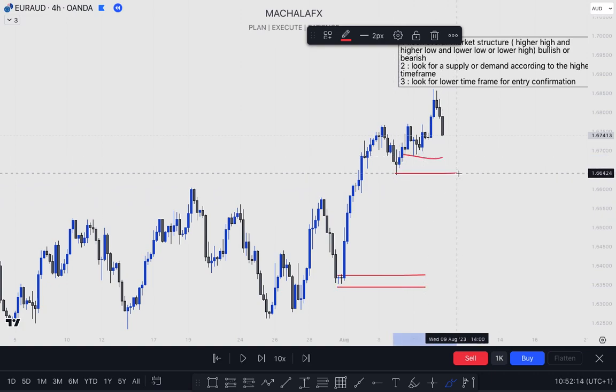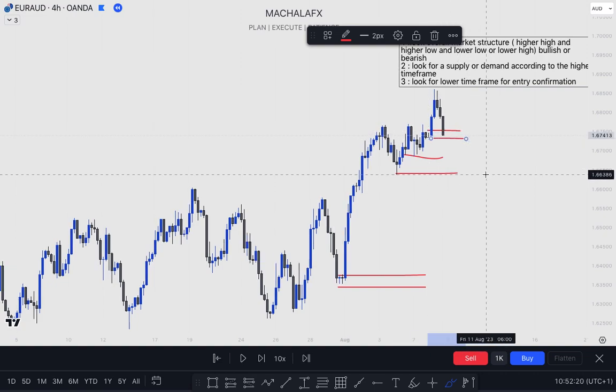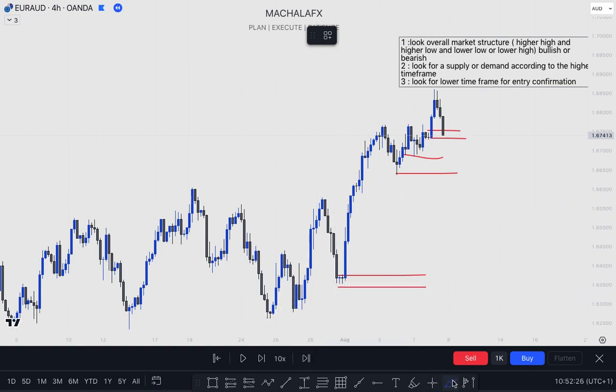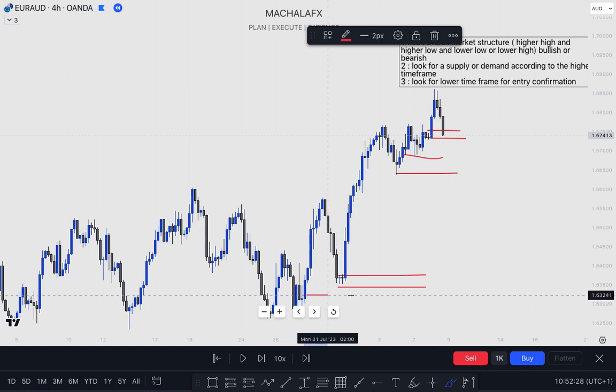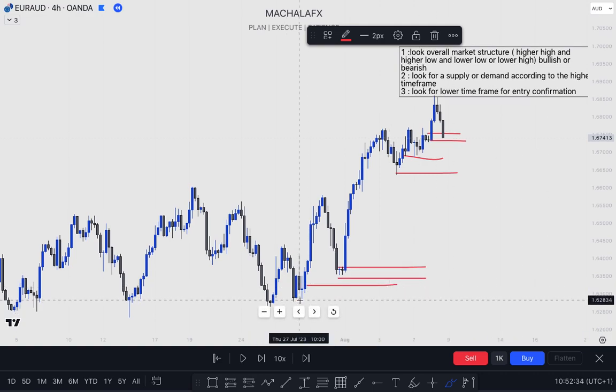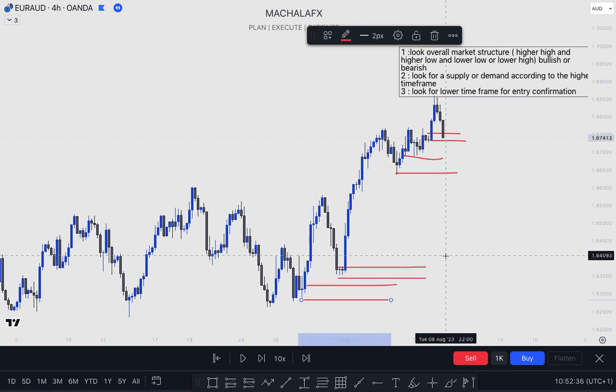We are going to a lower time frame, like 1 hour, the medium time frame, to look for a demand to trade from. Now these are actually demand levels that I have marked as a point of interest, a POI. I'll be looking for a buy from these according to our rule.